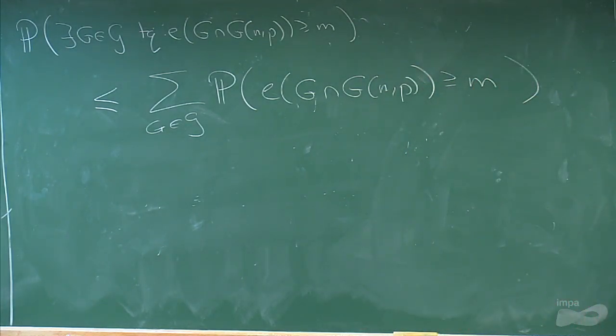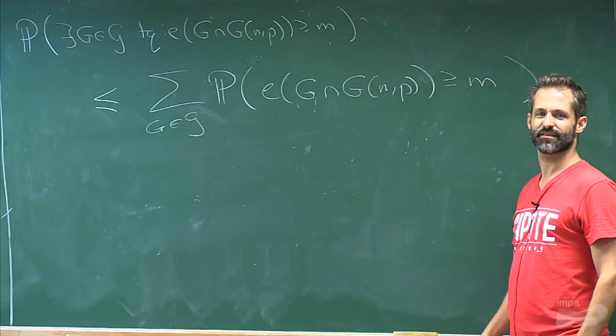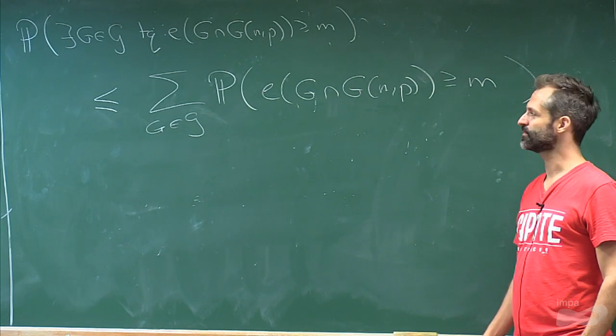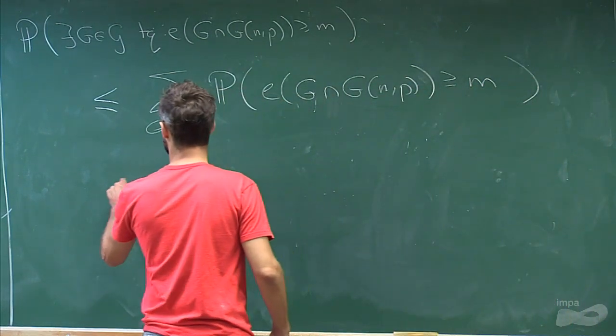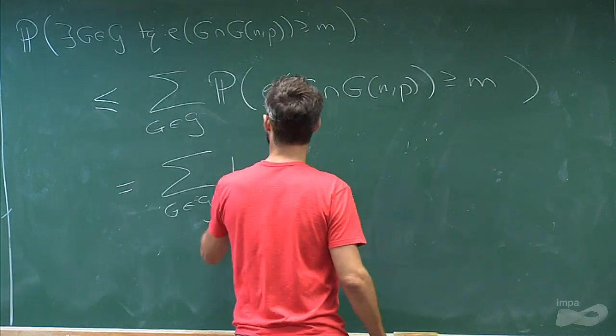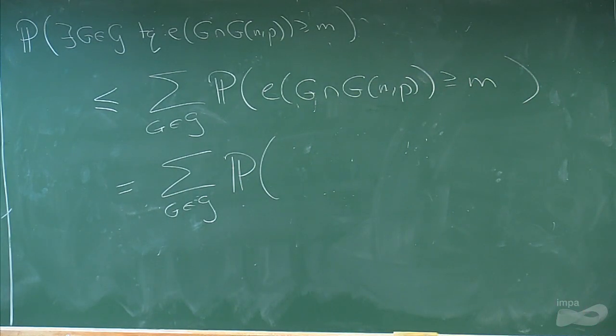Happy so far? So we need to bound this probability. What is the distribution of this number of edges? Binomial, right?